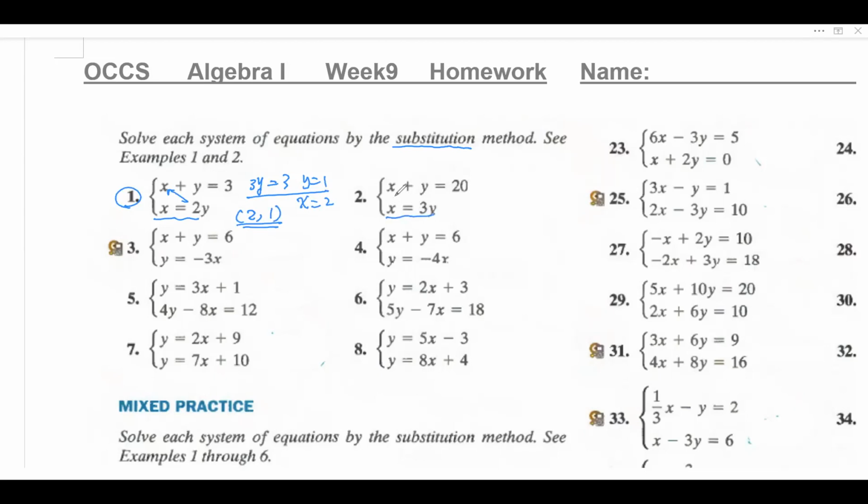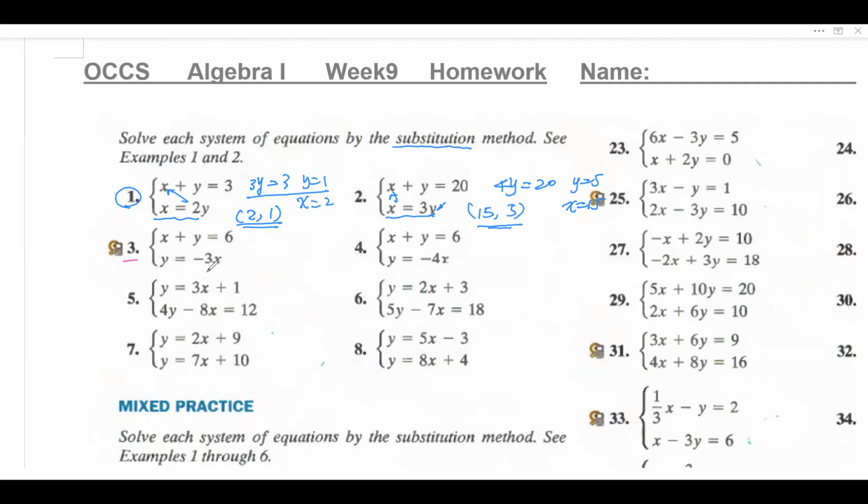Second: x is replaced by 3y, so we get 4y equals 20. y equals 5, so x equals 15. So the common point is (15, 5).